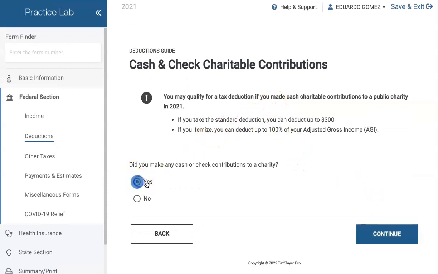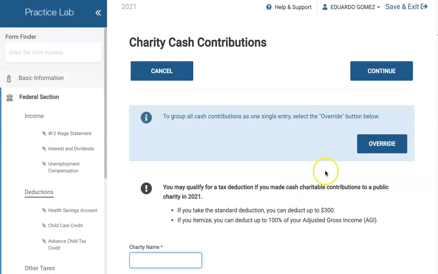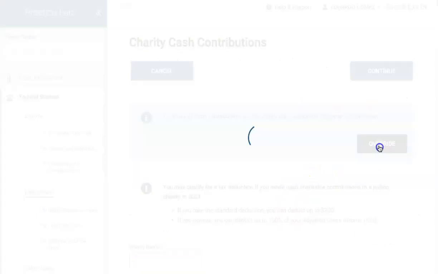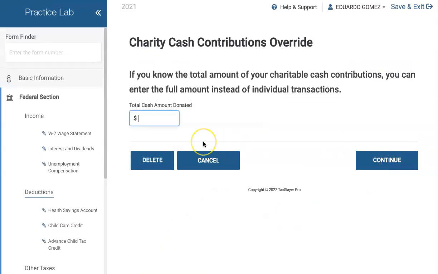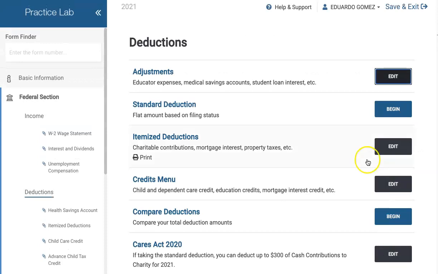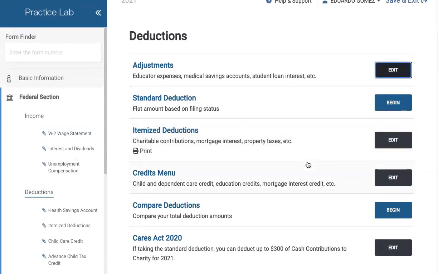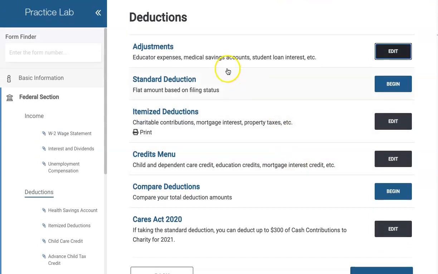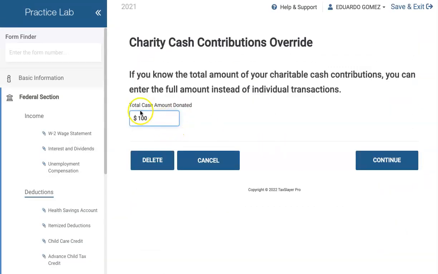They say, yes, you made some contributions, and we recommend using the override. In this particular case, there's $100, and you click Continue, and you're done. This is actually more useful for the quality reviewer, because the quality reviewer goes down to the CARES Act here, clicks on Edit, and sees the override amount without having to drill down through the menu.